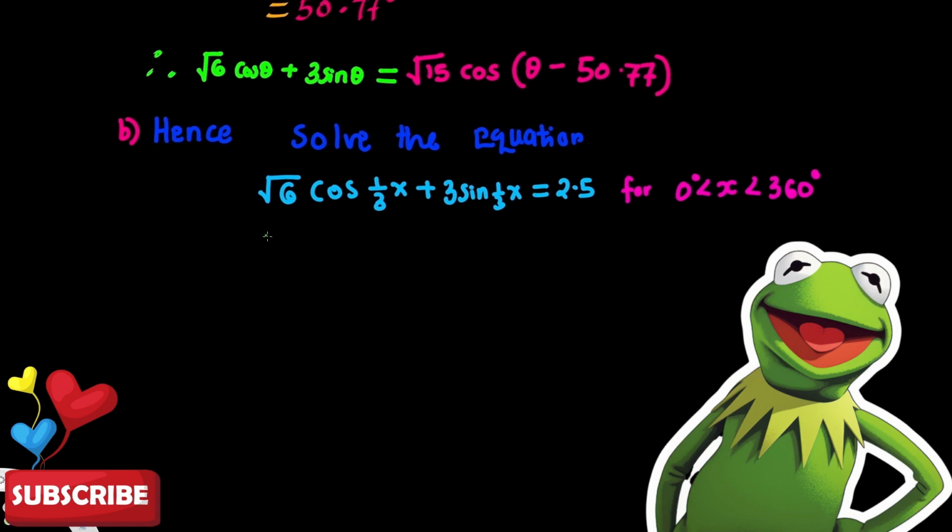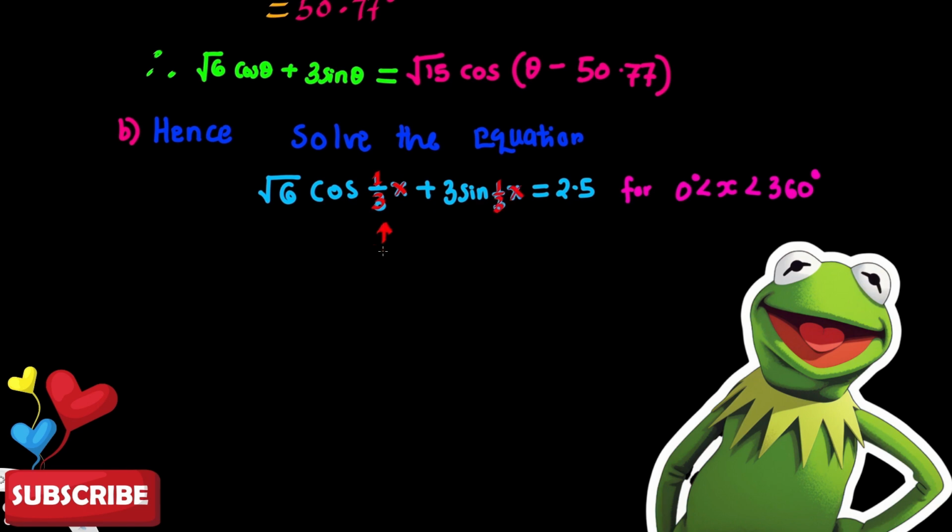Something that you need to remember is that in this part we can replace whatever we have on the left hand side with whatever we had obtained in part A, which is root 15 cos of theta minus 50.77. But we are given here that our theta is equivalent to 1 over 3x.